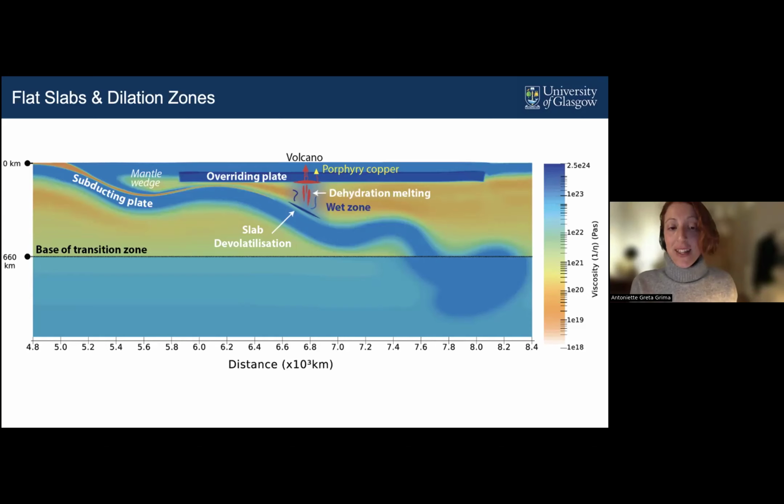And this is something that I've just started working on with Ben Mather from the University of Sydney, where we're trying to figure out how much devolatilization you get from the slab. And once you get that, where does that melt go? And this is something that I'm hoping to talk maybe to John and to Daniel and to Julian about, trying to implement melt. Where does the melt go in subduction zones?